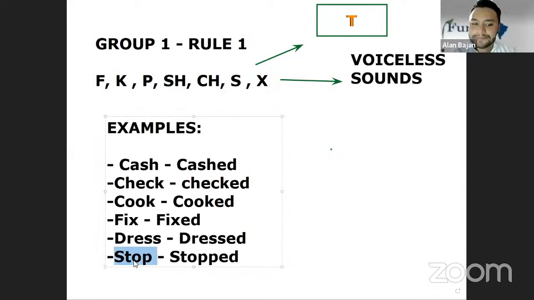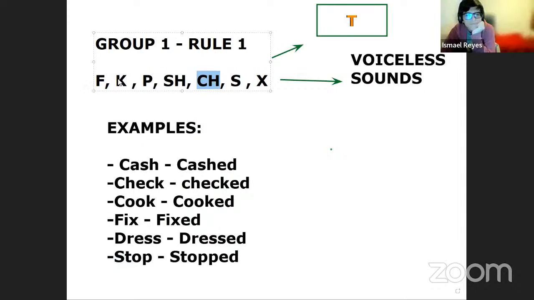Stop. Is that the sound of the CH at the end? No. Is that the sound of the P? Letter P? So the pronunciation in past tense is stopped. Yesterday, I was walking in the street and I saw a candy store. I stopped to buy some candies.